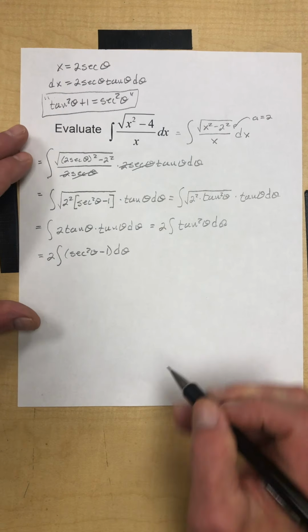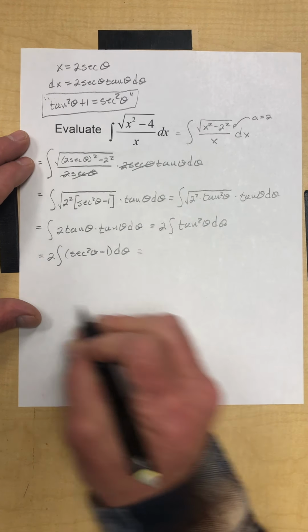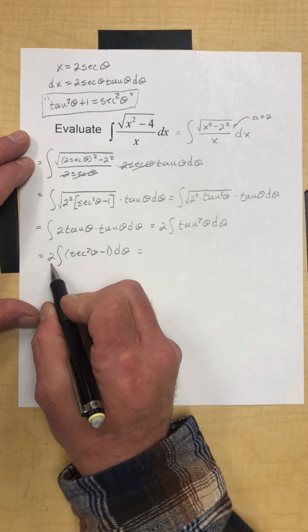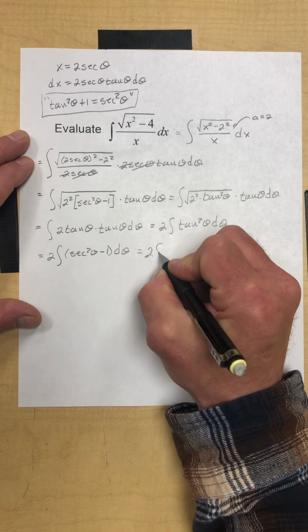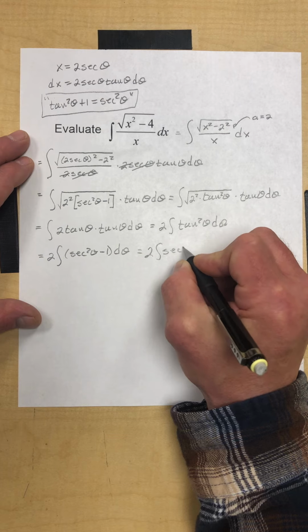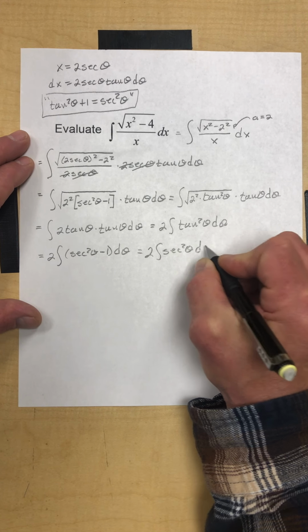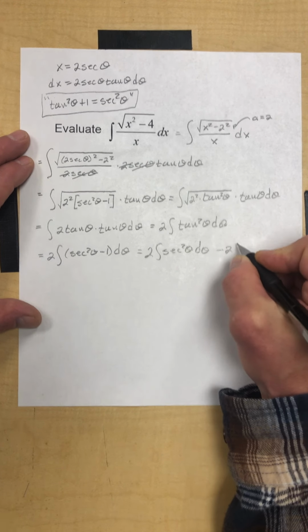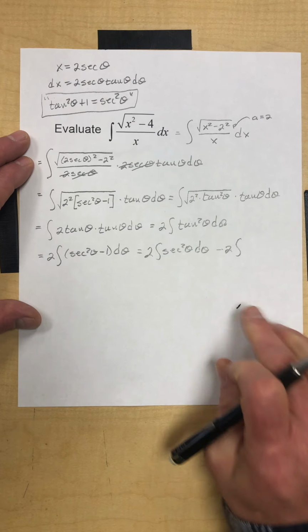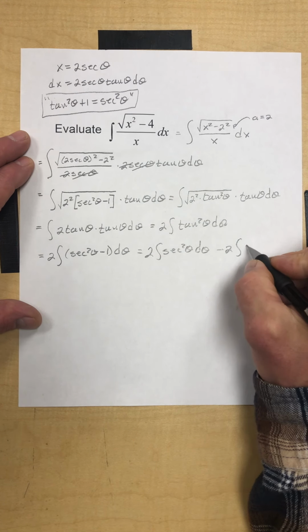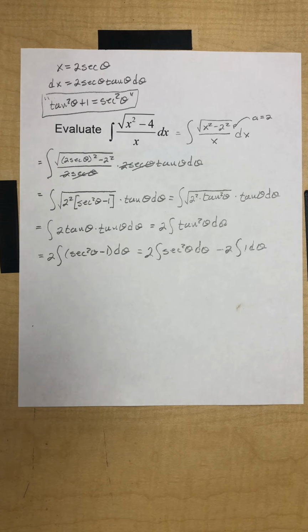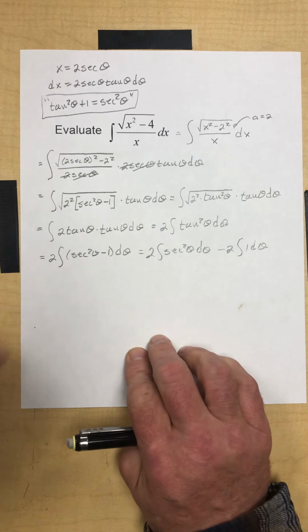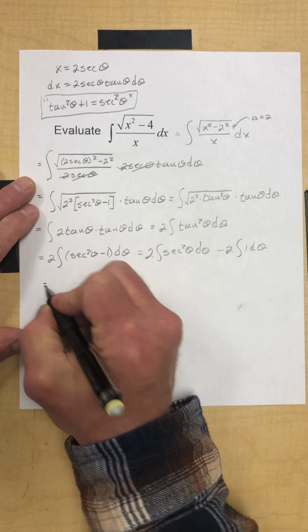So we split this up into 2 integrals, and don't forget, both of the integrals will have a constant multiplier of 2. So that's 2 times the integral of secant squared theta d theta minus 2 times the integral of 1 d theta.